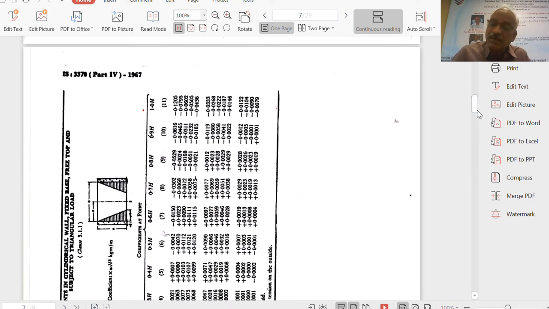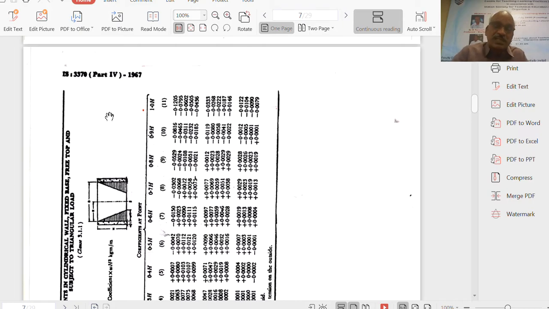This is from IS 3370 Part 4. Part 4 is actually given as 1967. As far as the Part 4 code is concerned, it is not revised.